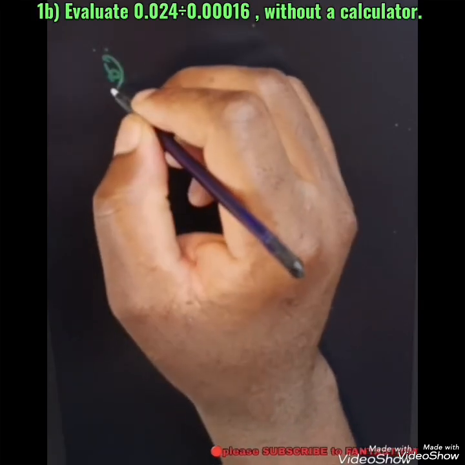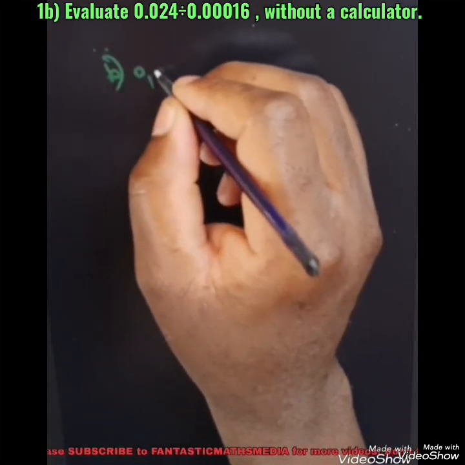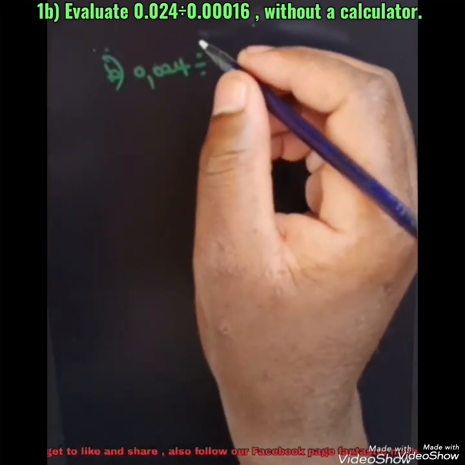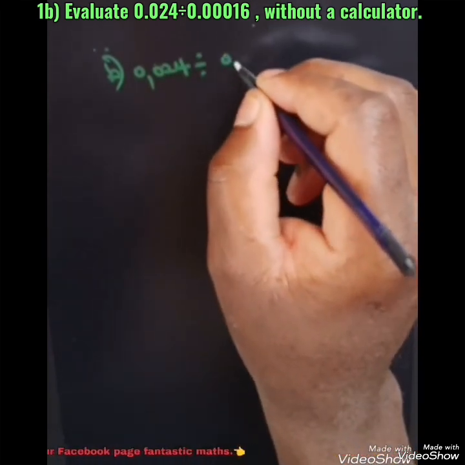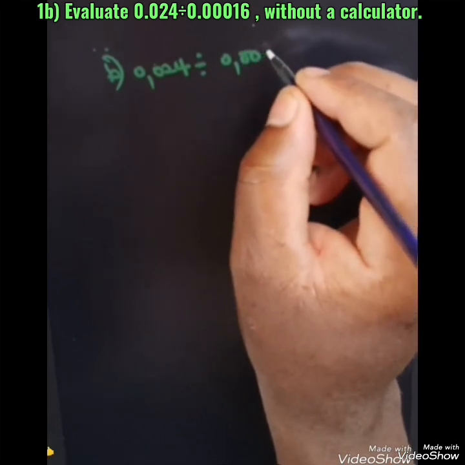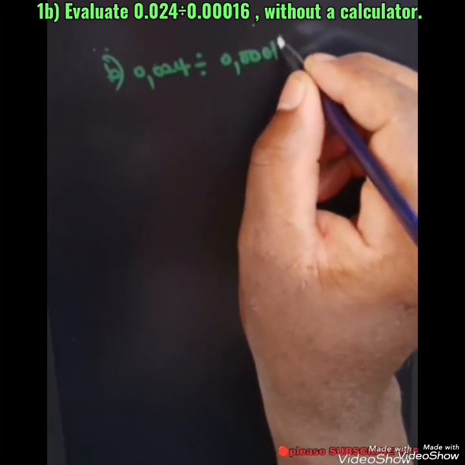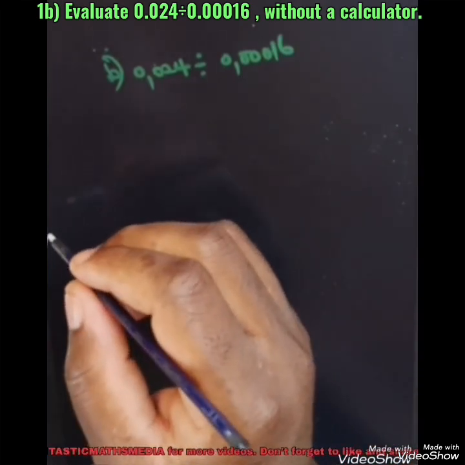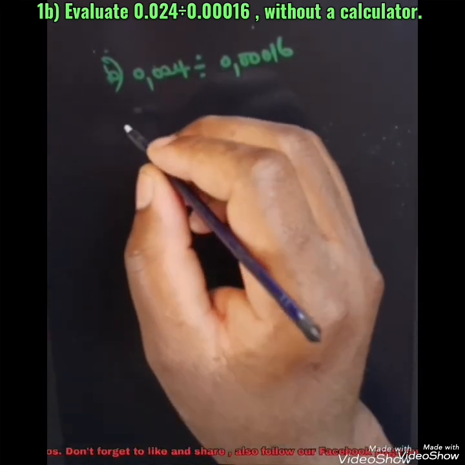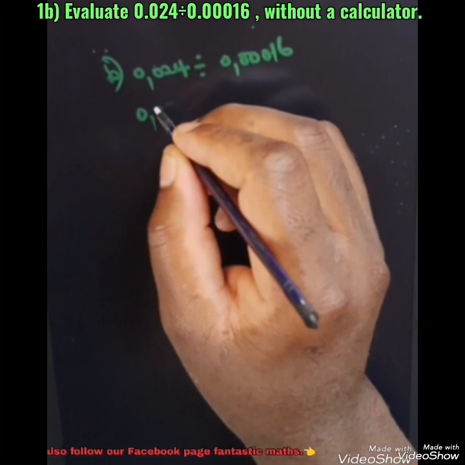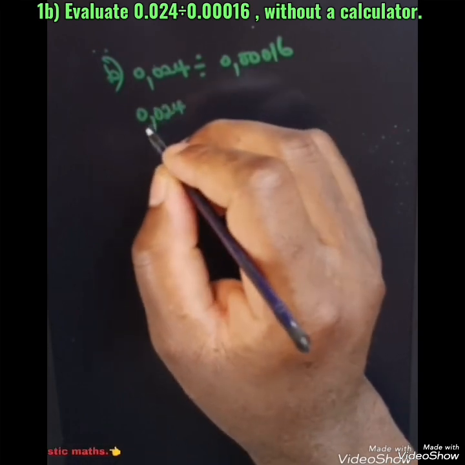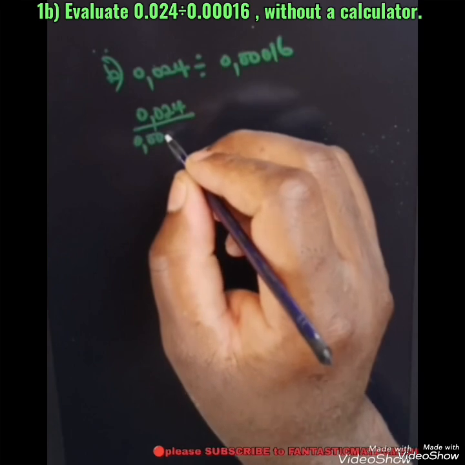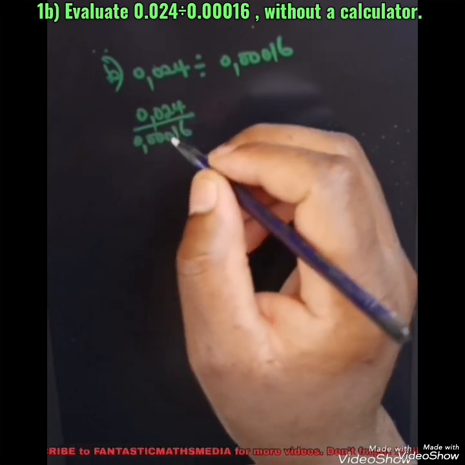Part B reads, evaluate 0.024 divided by 0.00016 without a calculator. Don't forget that this is the important part. We need to evaluate this without the aid of a calculator. So you have to rewrite this as 0.024 over 0.00016.